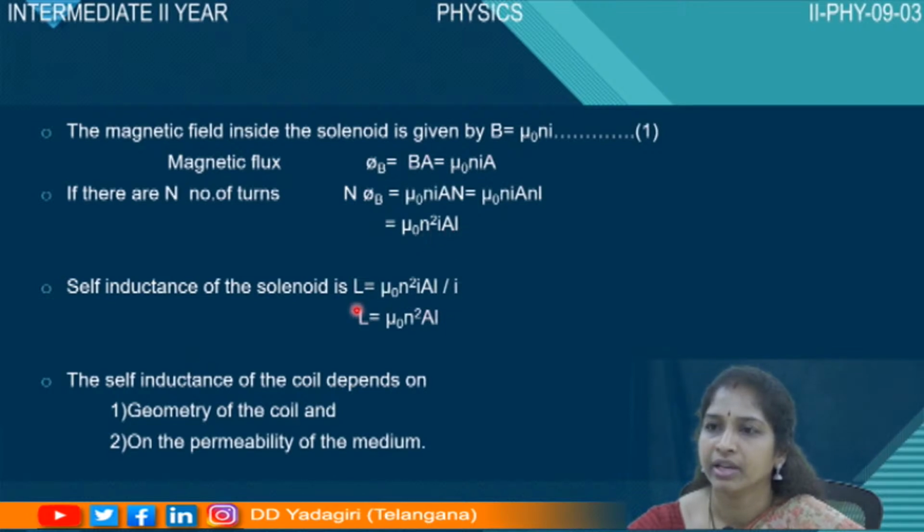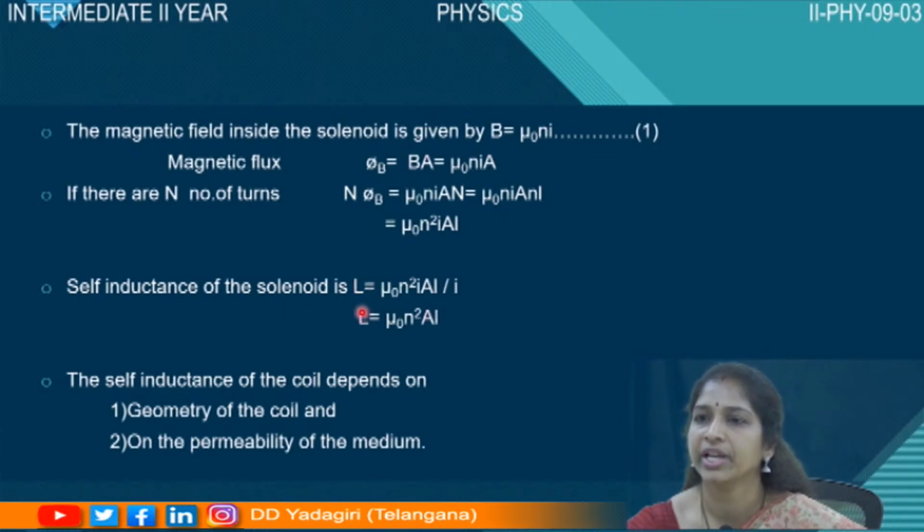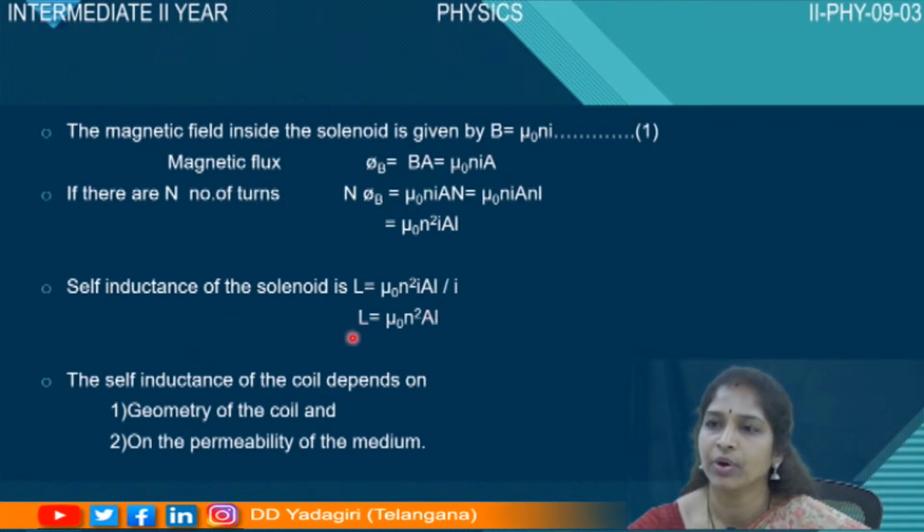Divided by I, it gives the self-inductance. So the self-inductance of a solenoid is L equals to mu naught n square IAL by I. This I will get cancelled. Then the self-inductance of the solenoid is mu naught n square AL. The self-inductance of the coil depends on the geometry of the coil and the permeability of the medium.